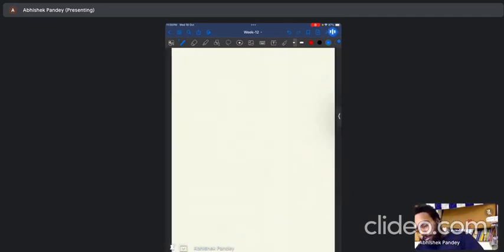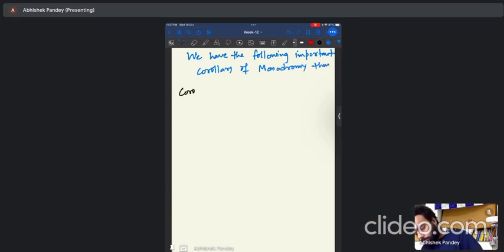So let us see the following important corollary of the monodromy theorem. The proof is quite easy.